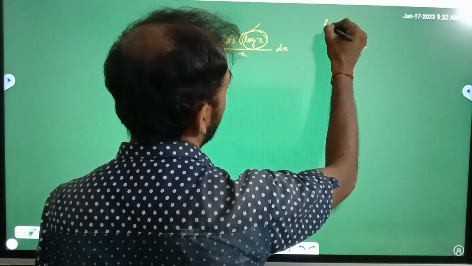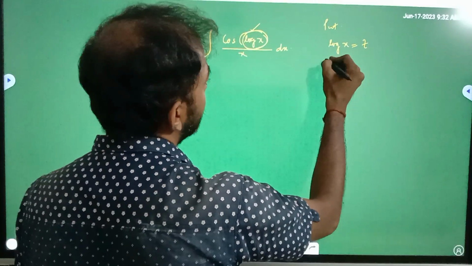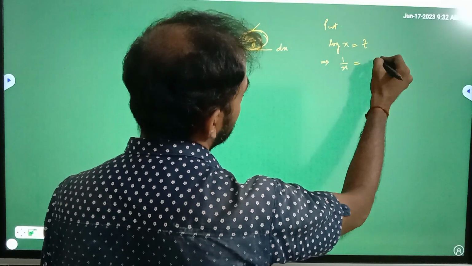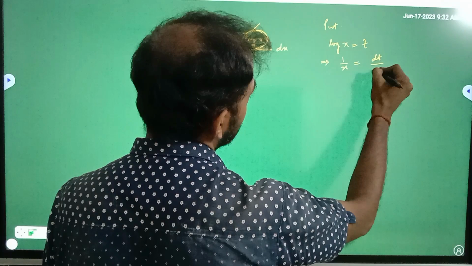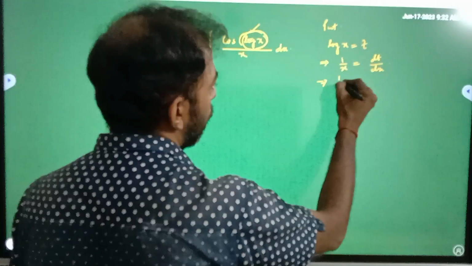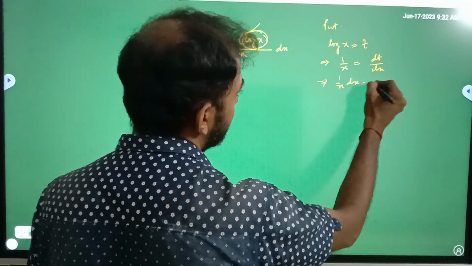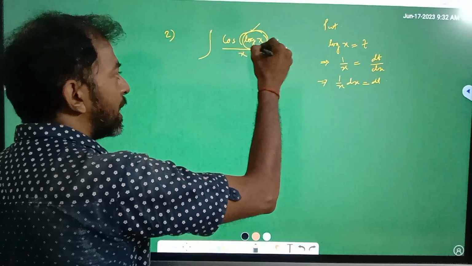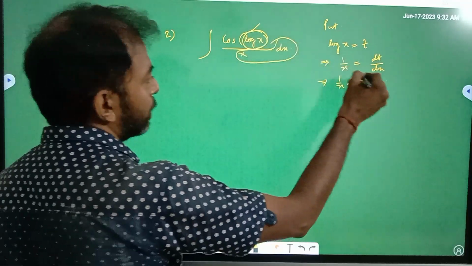If we put log x equals t, we all know that the derivative of log x is 1 by x, which equals dt by dx with respect to x. So 1 by x dx will be dt.